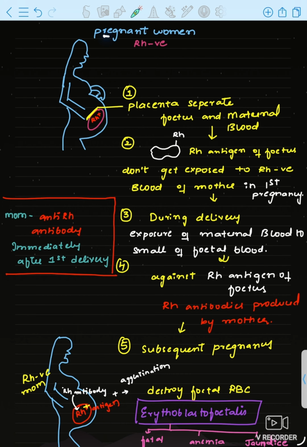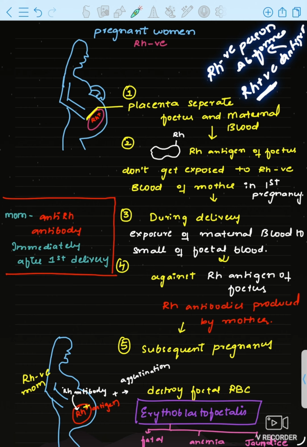Okay, it is so simple, you will understand it very nicely, I hope so. Imagine a pregnant woman who is Rh negative. The mother is Rh negative and the fetus, the child, is Rh positive. Generally, when an Rh negative person is exposed to Rh positive blood, which has antigens, antibodies will be formed against those antigens.